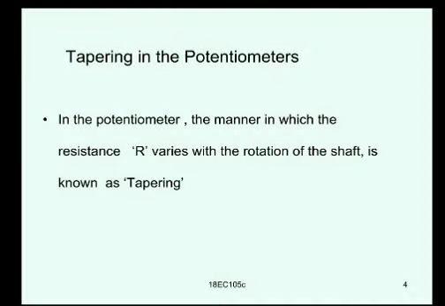In potentiometers, the manner in which the resistance R varies along with the rotation of the shaft is known as tapering. That means when we move the wiper in the rheostat or potentiometer, the manner in which the R varies is known as tapering.